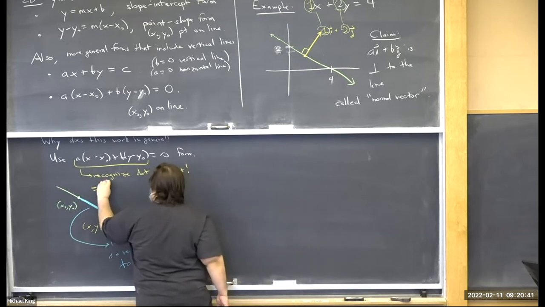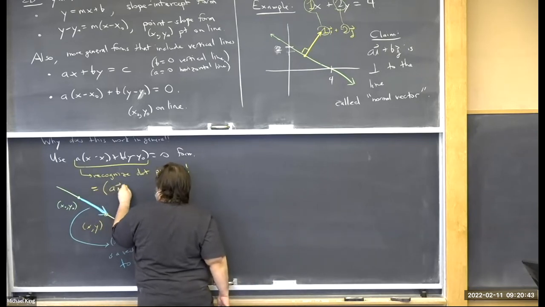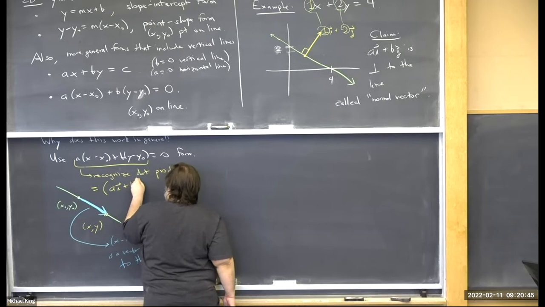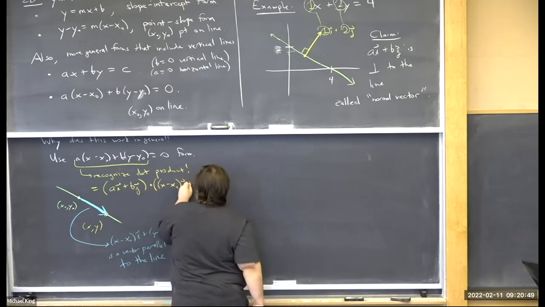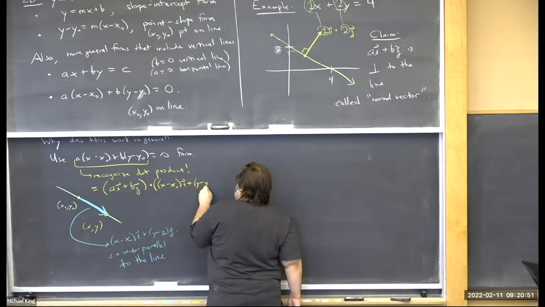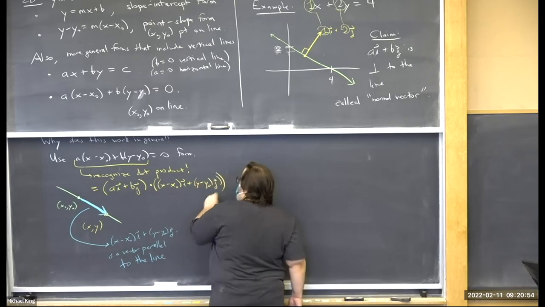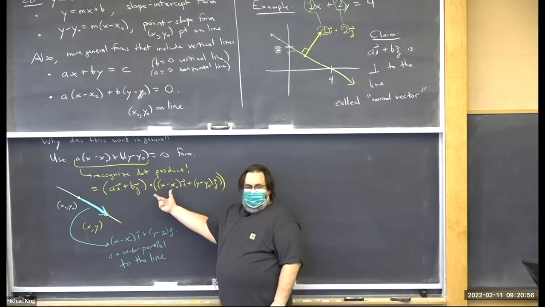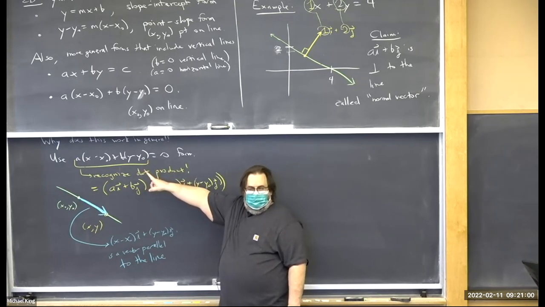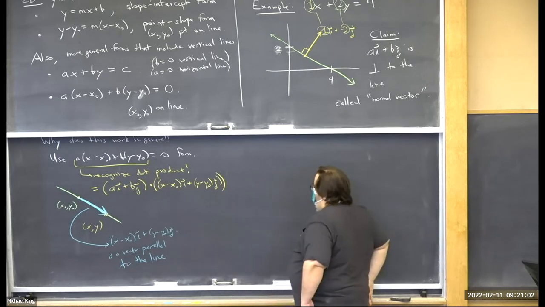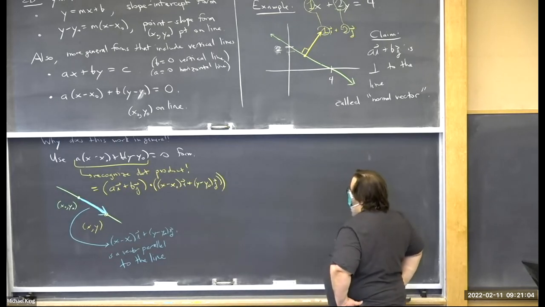This equals this vector dotted with this vector, right? If you just multiply this out, do you agree that you get the left-hand side there? Okay.